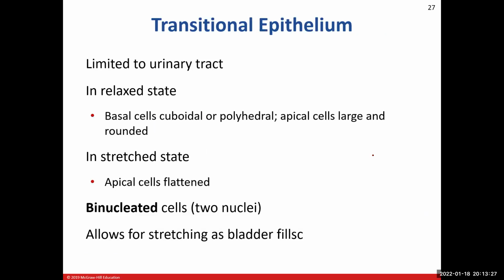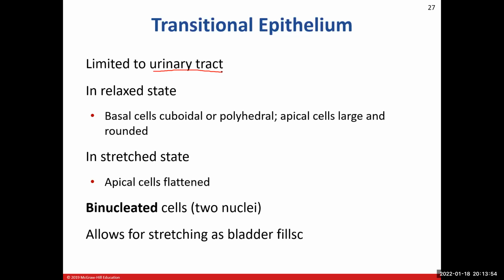All right, then finally, for our last epithelial tissue, we have transitional epithelium. This is the transformer epithelium. We're going to find it in the urinary tract, the urinary bladder, because the shape of this epithelium depends on the state of the tissue that it's present in.